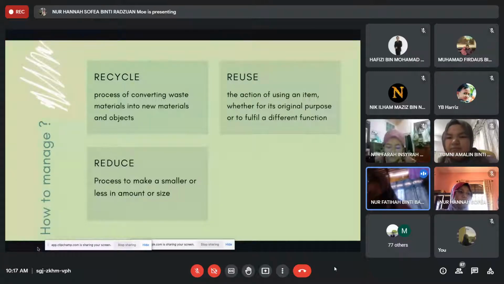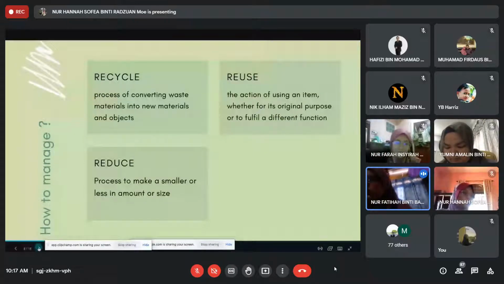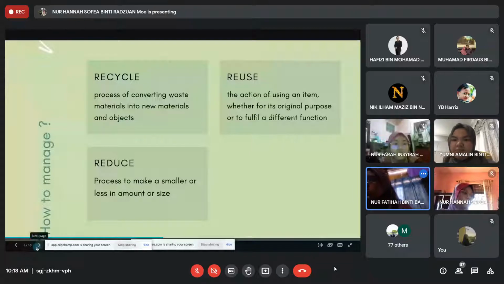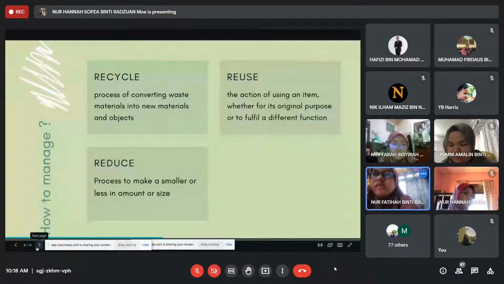Okay, so reduce. Reduce is the process to make something smaller or less in amount or size. Reduce is the process of decreasing or shrinking a material in quantity or size. Okay, next.